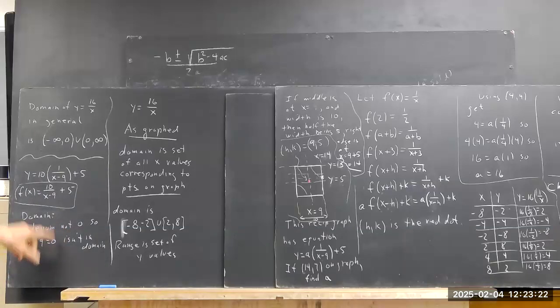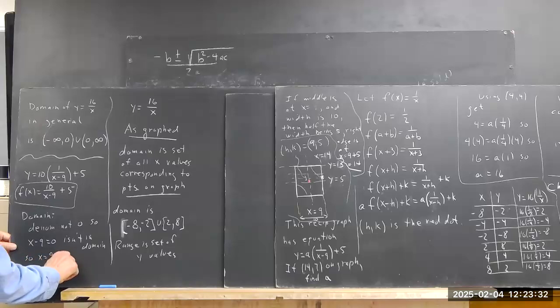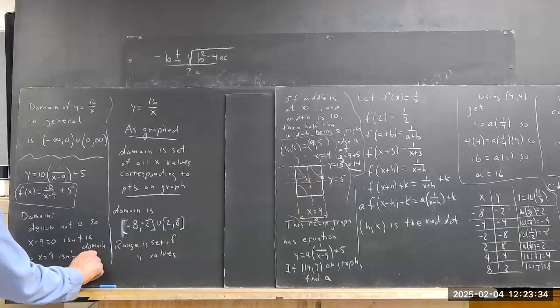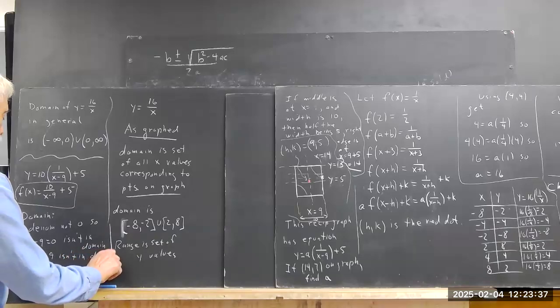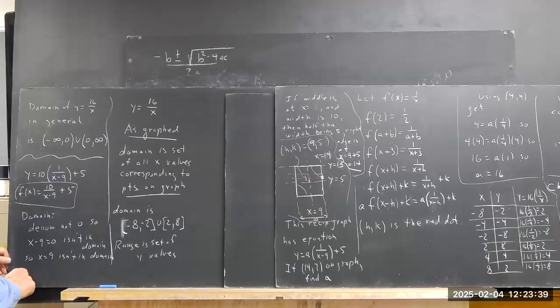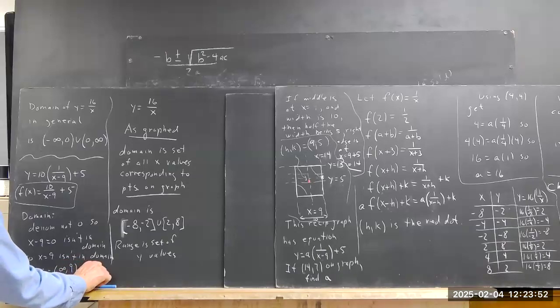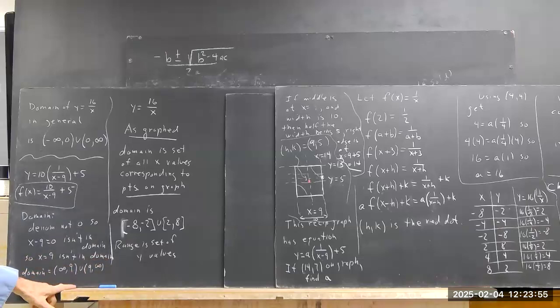Denominator can't be 0, so x minus 9 equals 0. x minus 9 is the denominator. So x equals 9 isn't in the domain, so the domain is everything from negative infinity to 9 and everything from 9 to infinity. The only number that isn't in the domain is 9. Is that clear?